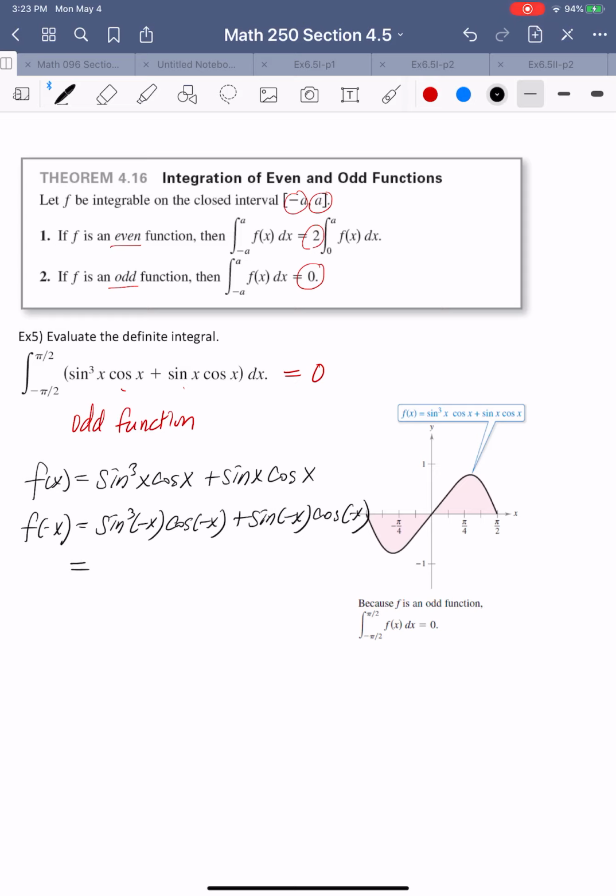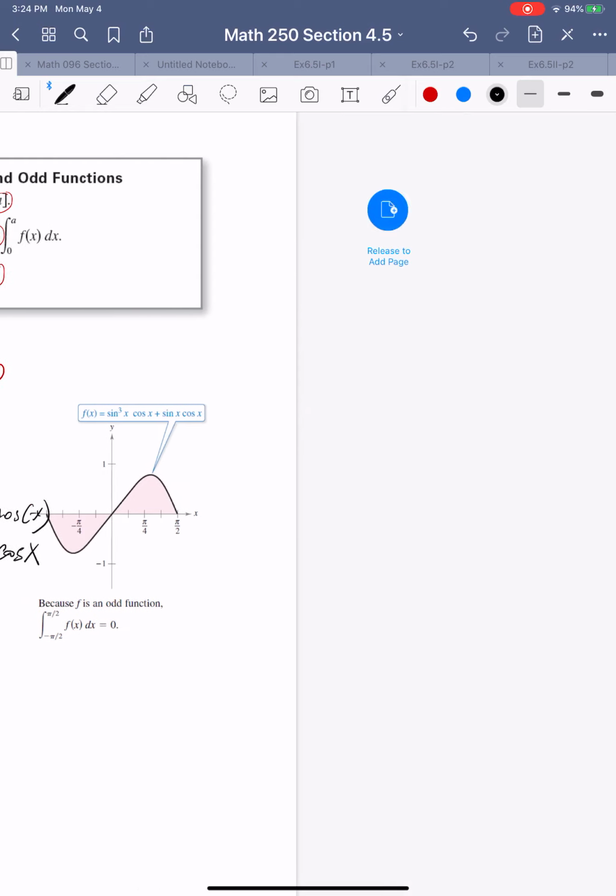Cosine is even, so this is negative sine cubed x cosine x, and negative sine x cosine x, which is the same as negative f of x. So that's why it is an odd function. For an odd function, we expect the definite integral to be 0. Thank you for listening.